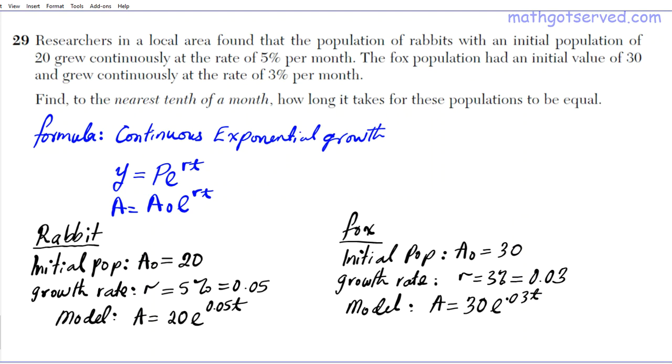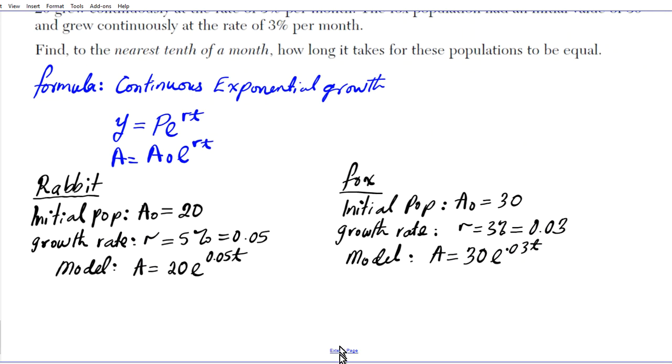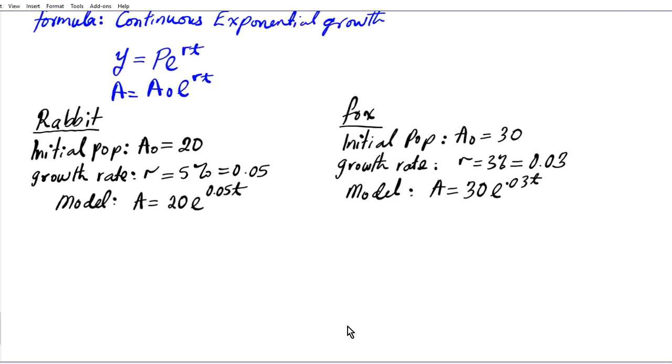Okay, so what we're going to do now is find when the populations are equal. We can call this a sub r for amount of rabbit and a sub f for amount of fox.